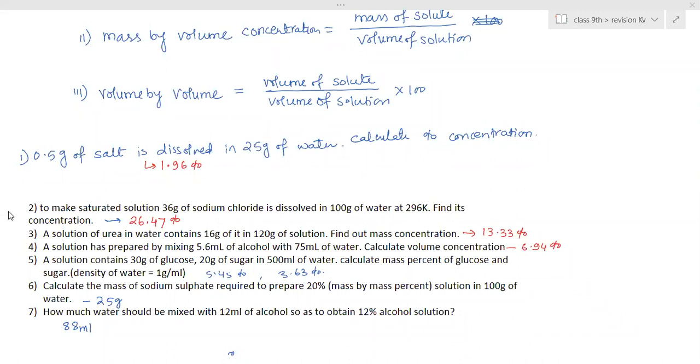Ma'am, so the temperature is not important for the question? No, for this question, nothing will be done with the temperature. It is only given for confusion.